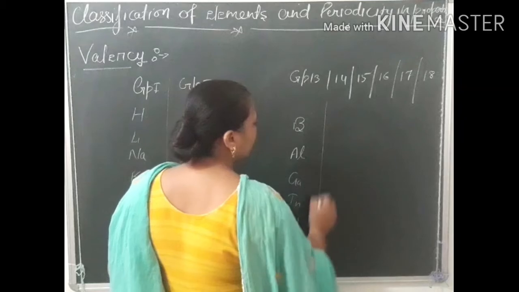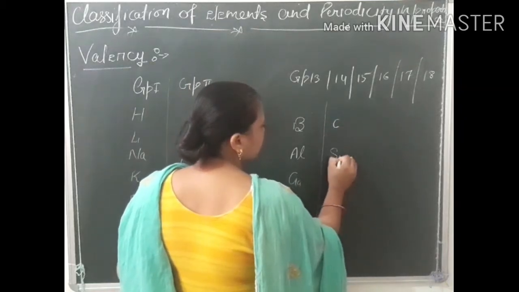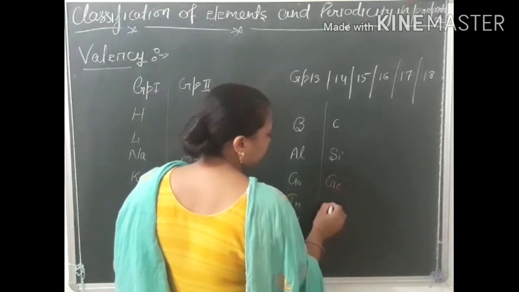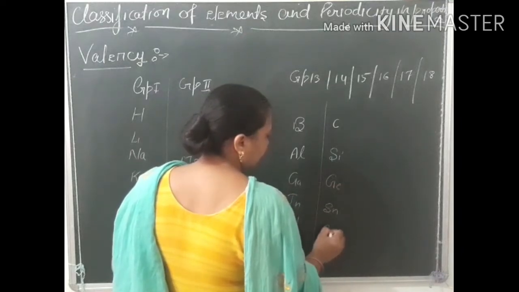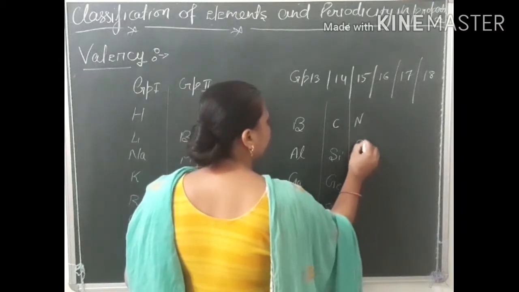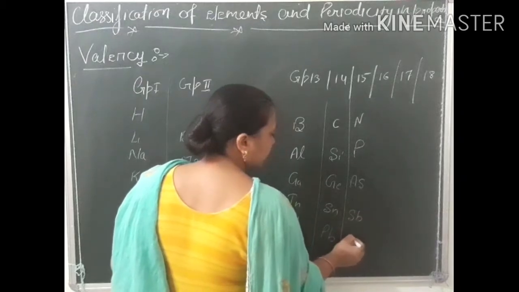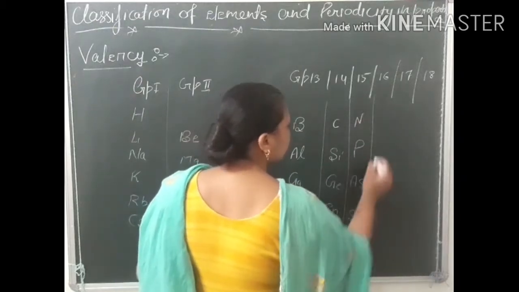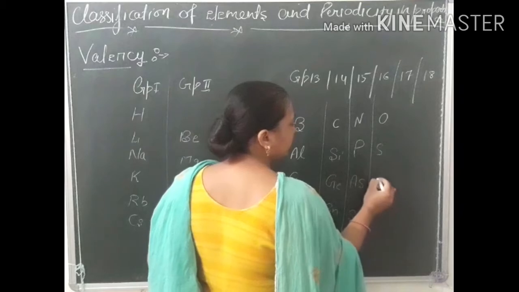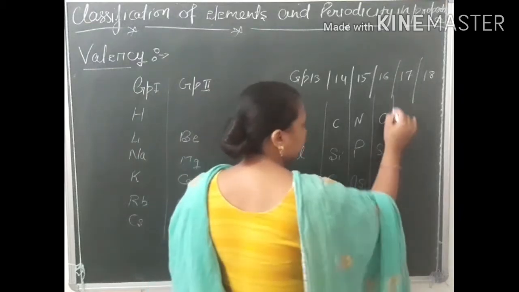And in 14 group elements, carbon, silicon, germanium, tin and lead. And in 15 group, nitrogen, phosphorus, arsenic, antimony and bismuth. And in 16, oxygen, sulfur, selenium, tellurium and polonium.